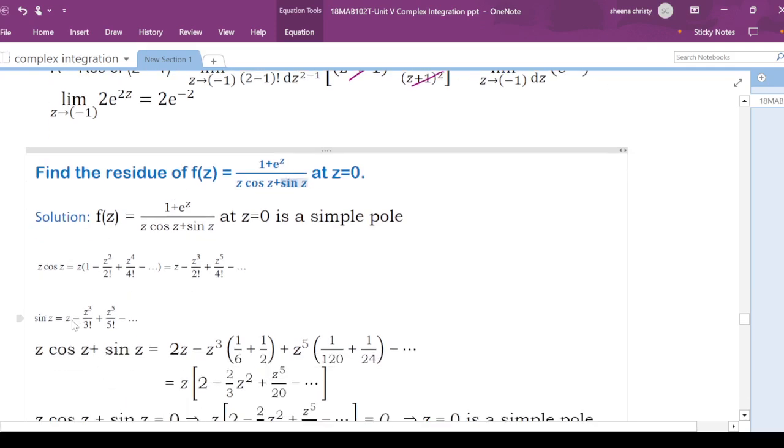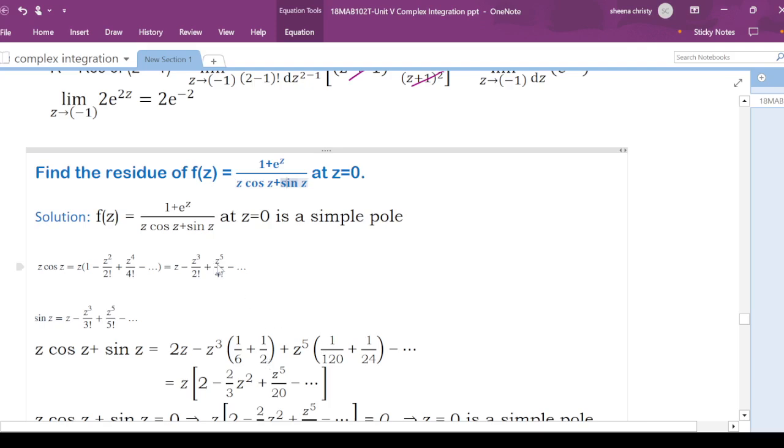Also we know sin z is z minus z cube by 3 factorial plus z power 5 by 5 factorial etc. Now by adding these two, you will get z into (cos z plus sin z) equal to 2z minus z cube, you can take it common, (1 by 3 factorial is 1 by 6 and 1 by 2 factorial is 1 by 2).